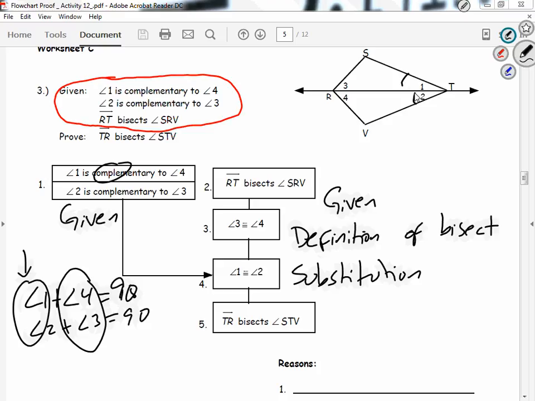So you guys see my figure, and you see how TR is this line in between it. If this angle is equal to this angle, then that segment cuts my angle in half.